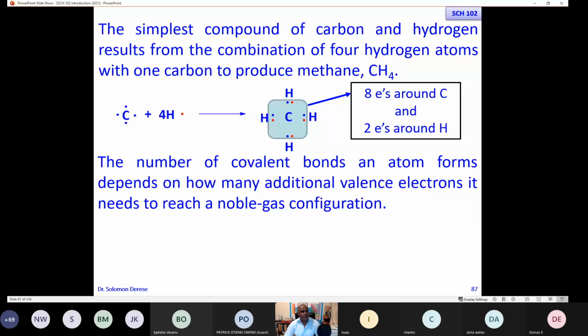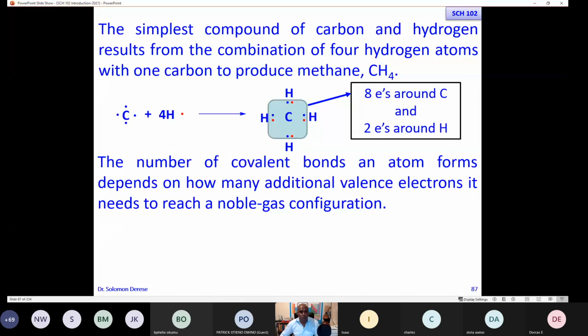Nitrogen forms 3 bonds because in its outer valence shell, nitrogen has 5 electrons. The electron configuration of nitrogen is 2,5. To have an octet of electrons, it needs an additional 3 electrons. As a result, nitrogen forms 3 bonds.